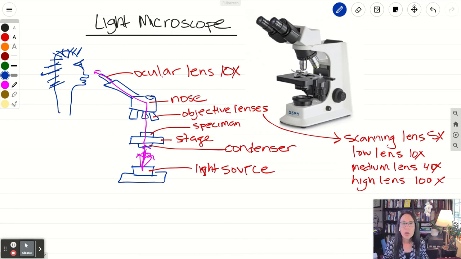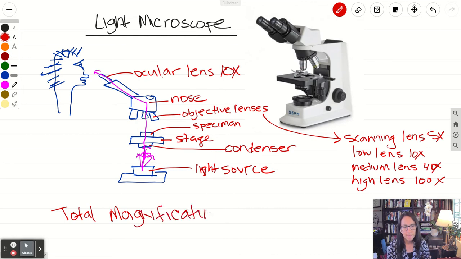For you to know what the magnification is of what you are looking at, what you do is you multiply the objective lens to the ocular lens. So let me write this here. I'm going to say total magnification. This is to calculate your total magnification. Sorry, this is kind of messy today.